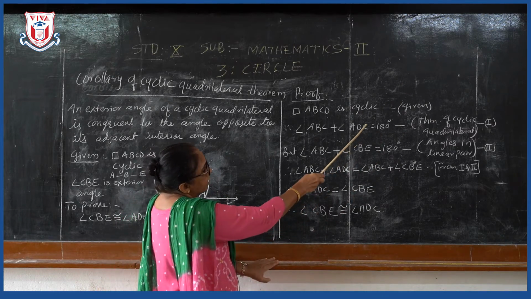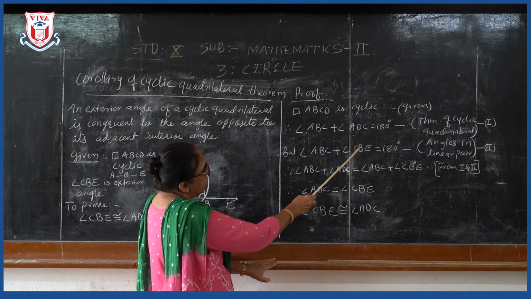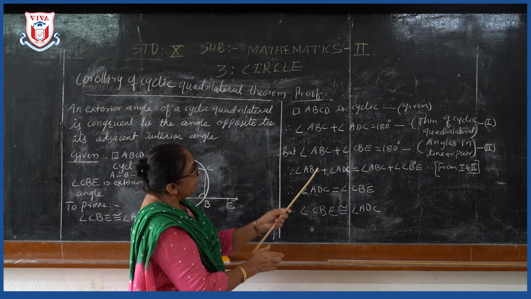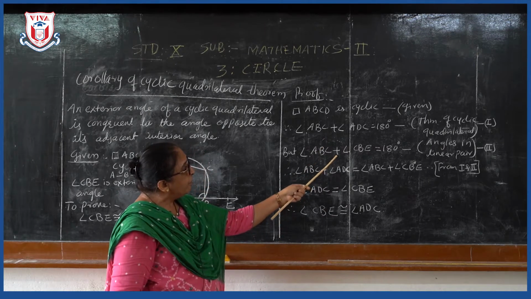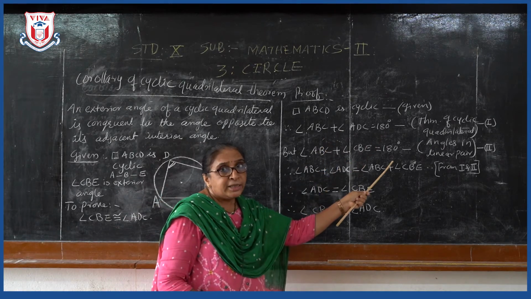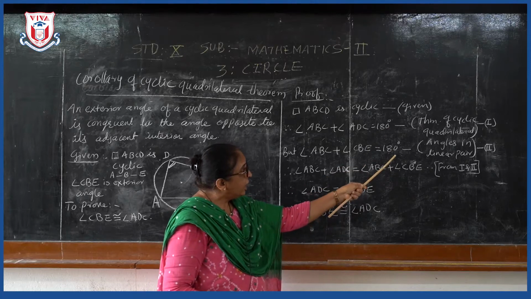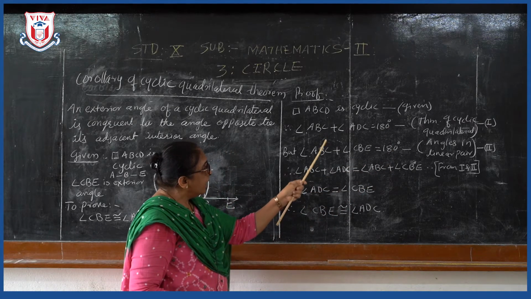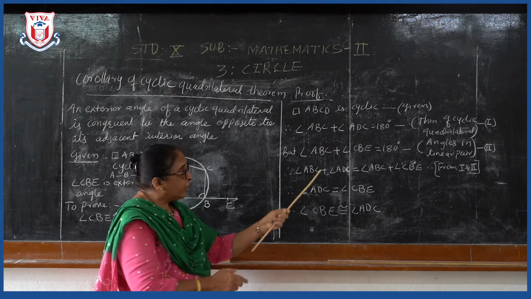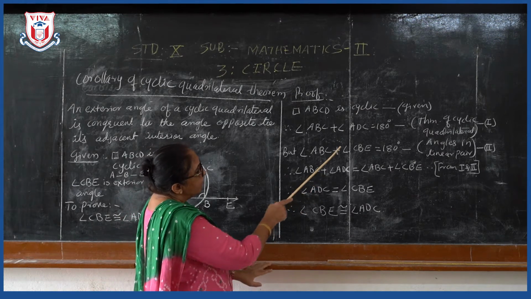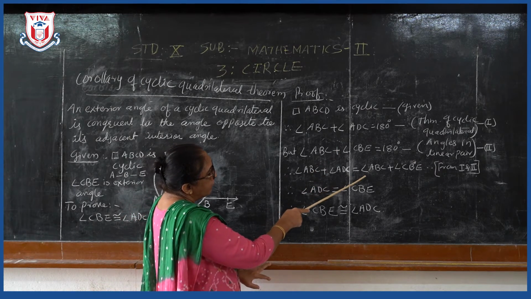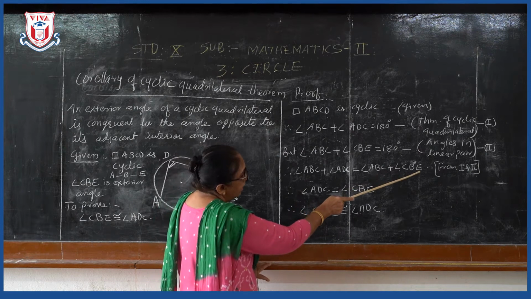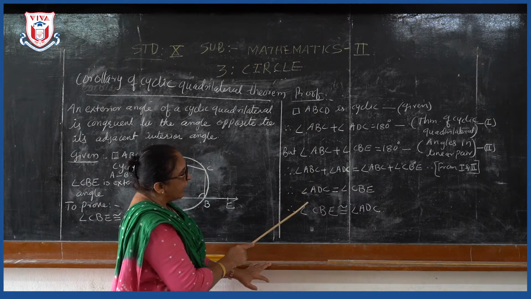Now, if we compare statement 1 and statement 2, their right hand sides are equal, and hence their left hand sides are also equal. So, angle ABC plus angle ADC is equal to angle ABC plus angle CBE from 1 and 2.